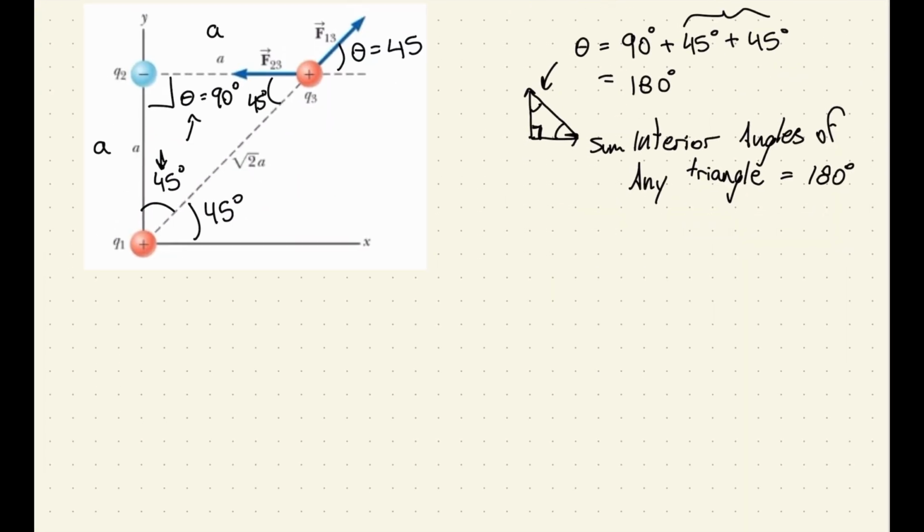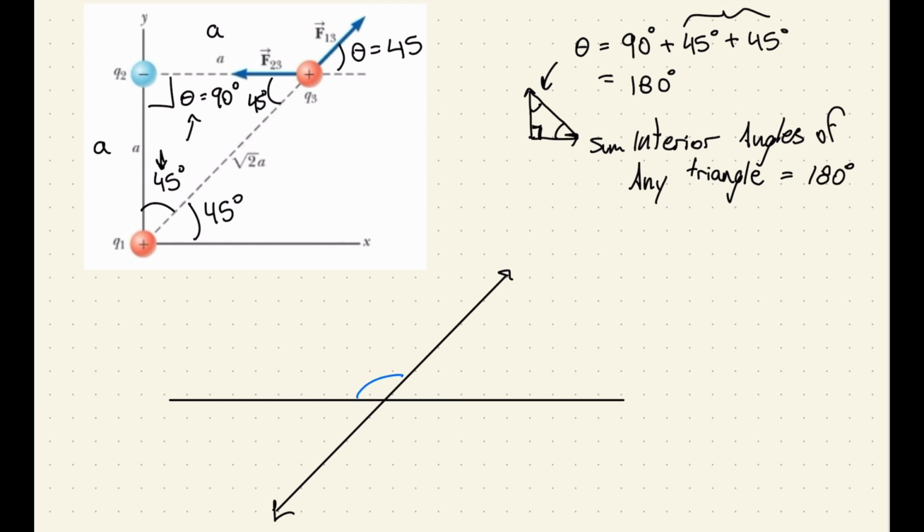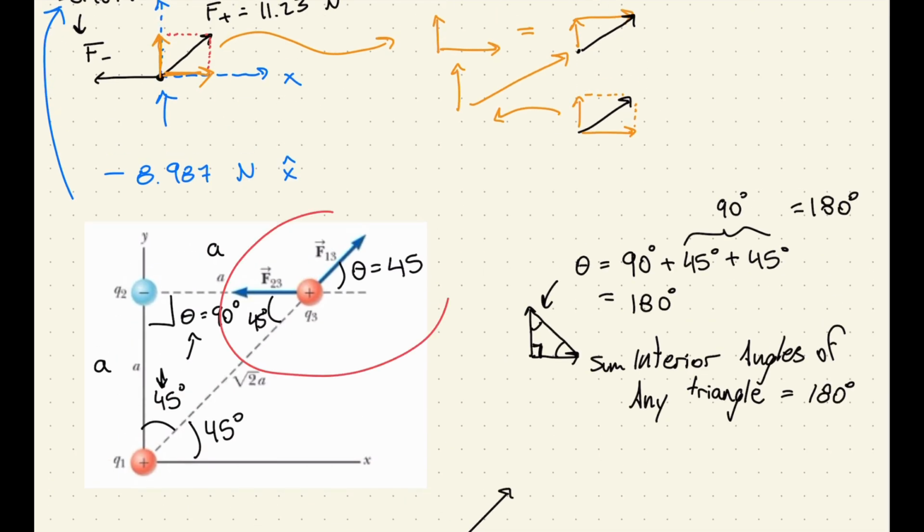Why is that the case? Well, take a look at this. I have a straight line like this. And I cut it with another horizontal line. The cut that I make will make two angles here, theta 1, theta 1. These two are equal. And two other angles, theta 2, theta 2. This will always happen. You'll always have two angles that are the same. That's why when I look at this picture here, this angle 45 helps me find this angle that's 45.